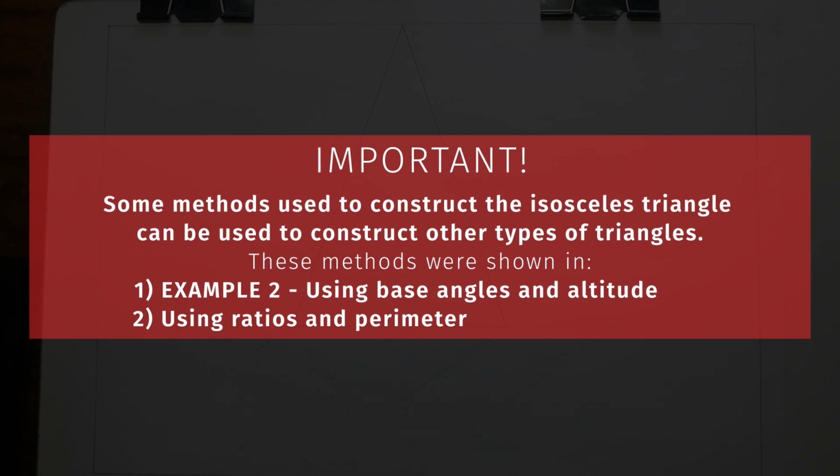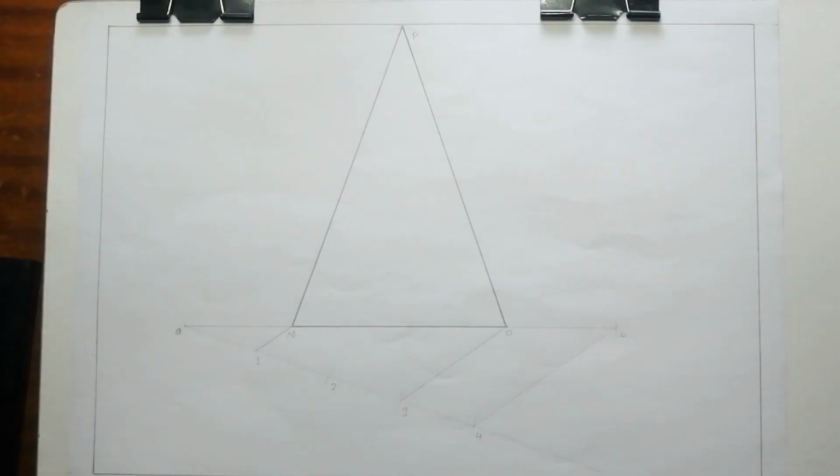For example, when we talk about ratios, if our ratio is, let's say, 1 to 1 to 1, it means our triangle is going to be an equilateral triangle because all the sides have the same ratio. However, we won't opt for using this method to draw an equilateral triangle because it will be kind of long, unless we've been fixed to draw that equilateral triangle using this method.